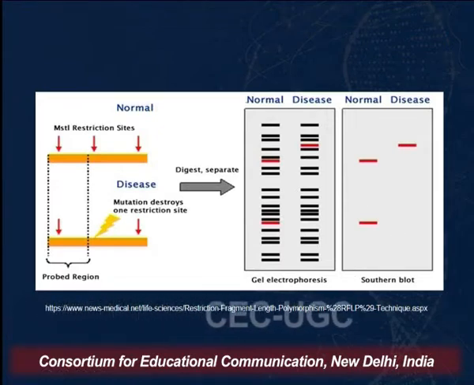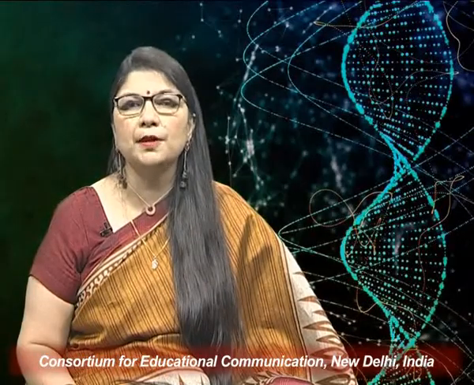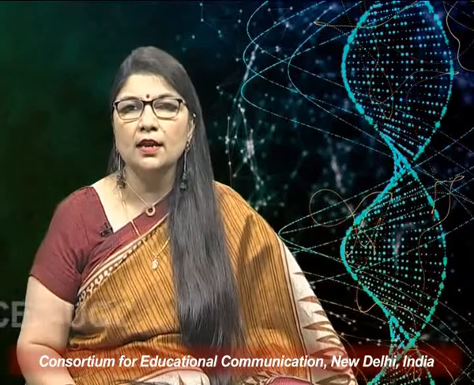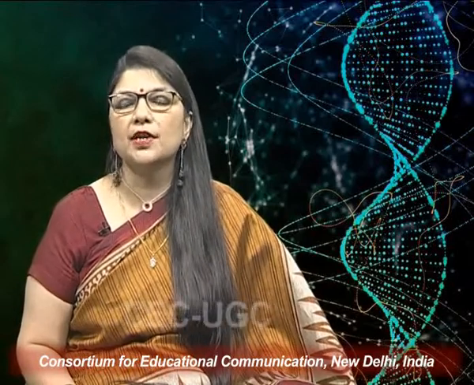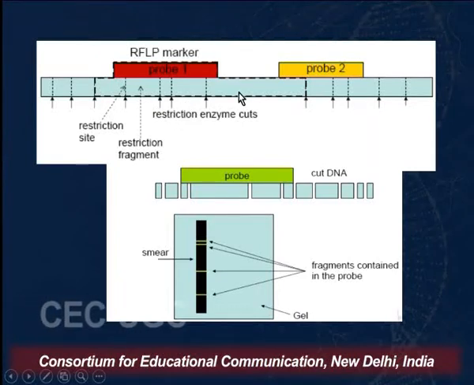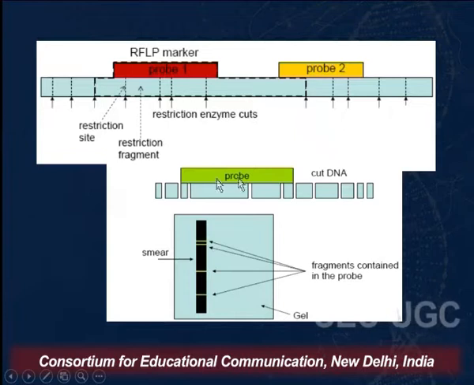As we discussed already, DNA fingerprinting primarily involves the complementarity property of DNA, used for the hybridization of the complementary DNA to the original DNA which we are analyzing. Here you can see the RFLP probe, or RFLP marker, and when you use a probe, it binds to these markers and gives rise to different length polymorphism.